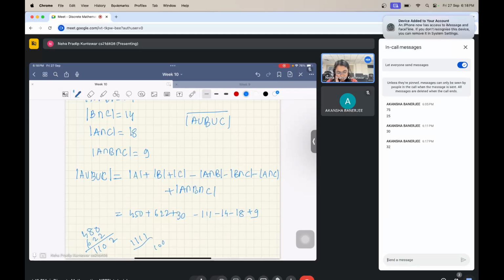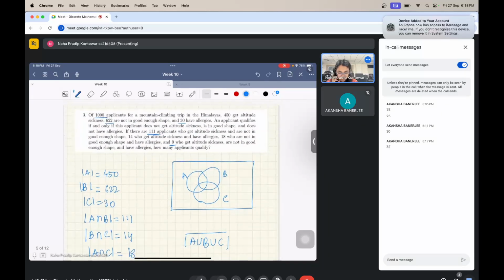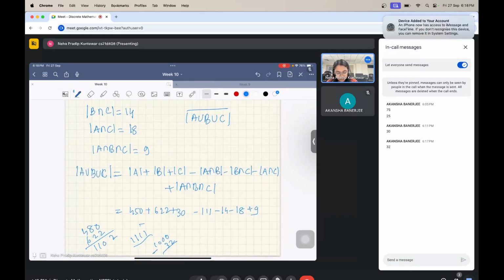Then you have 1000 minus 32. So this turns out to be 1000 minus 32, and you are interested in the complement of this set.